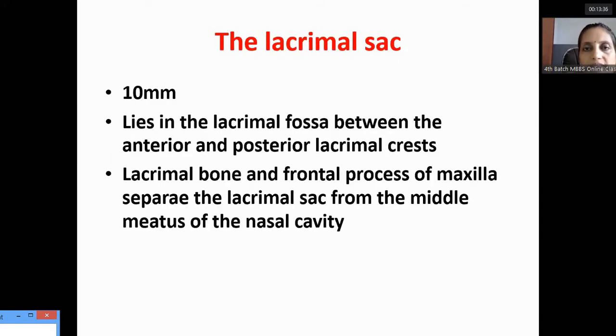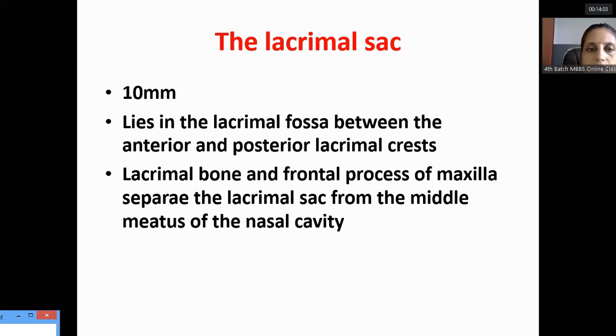The lacrimal sac is 10 millimeters long. It lies in the lacrimal fossa between the anterior and posterior lacrimal crests. Which bone is involved here? As I discussed in the anatomy class, it occupies the lacrimal bone and the frontal process of the maxilla, which separates the lacrimal sac from the middle meatus of the nasal cavity.